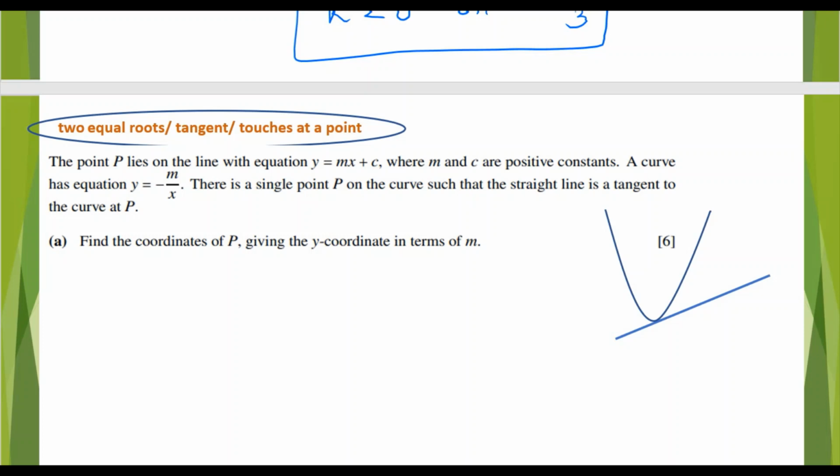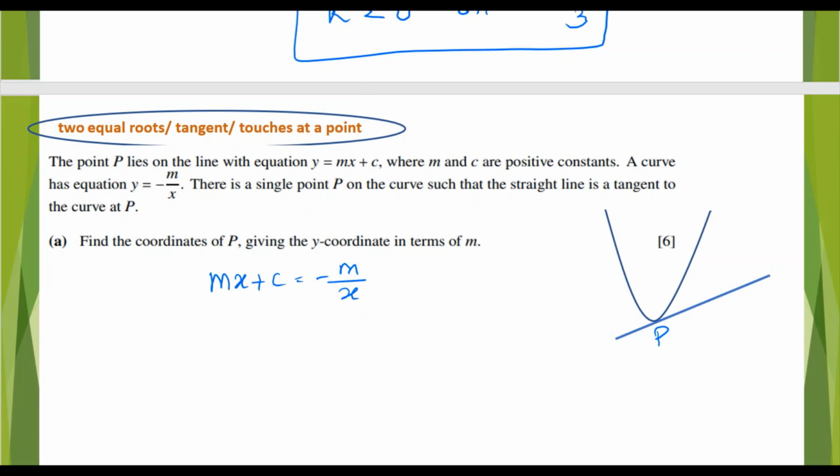So let us draw the curve, and it's given the line touches the curve at the point P. Okay, now we have to find the coordinate of P. So it's given both are intersecting, so we can equate the equations of the curve as well as the line. So mx plus c is equal to minus m over x.